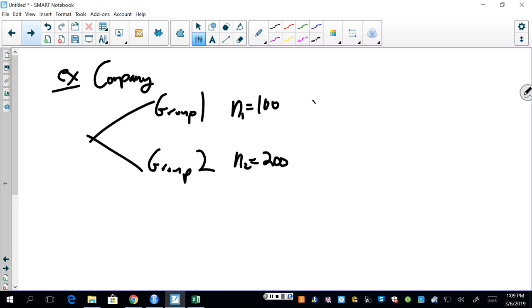X bar 1 could be dollars spent in one group, and X bar 2 dollars spent in the other. Maybe you're interested in whether there is a significant difference in how much they spend. Maybe they get advertising campaign 1 and advertising campaign 2, and say this is $105 and this is $125.